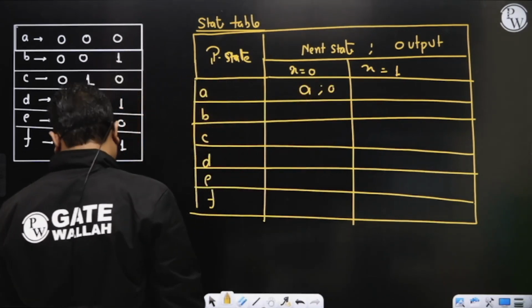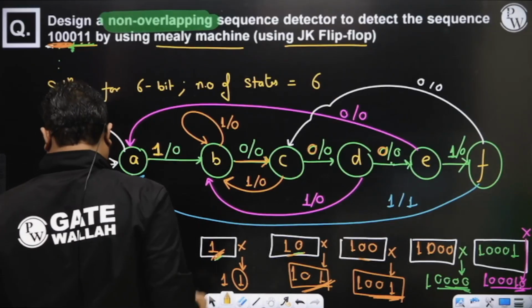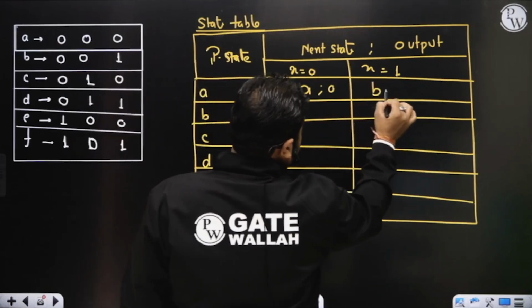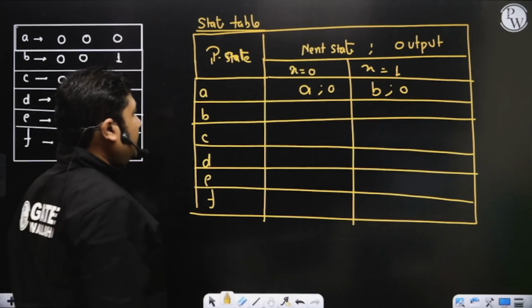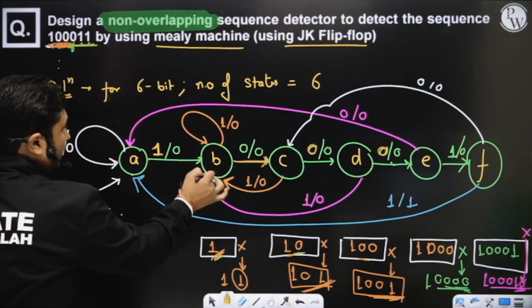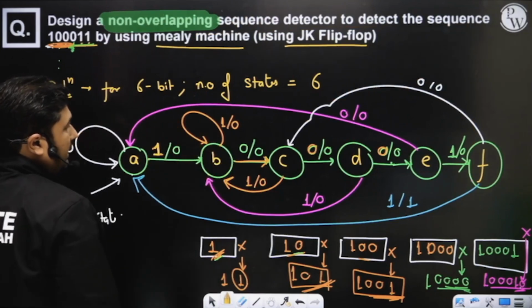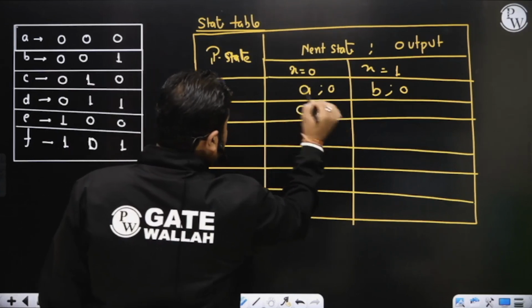Great. Again, present state A, x equal to 1: next state B, output 0 only, sir. Very good. Present state B, x equal to 0: next state C, output 0, sir.